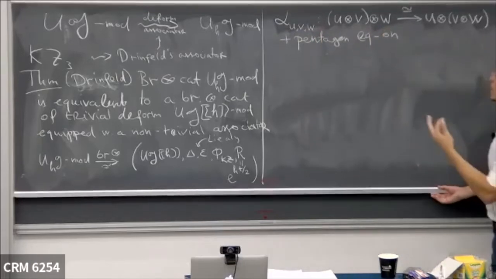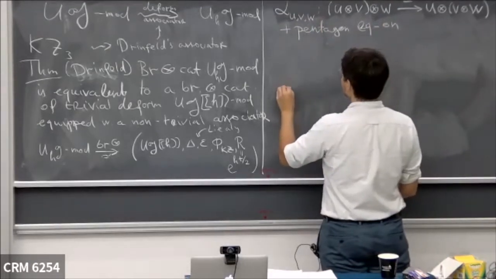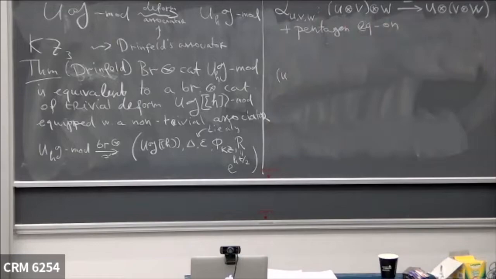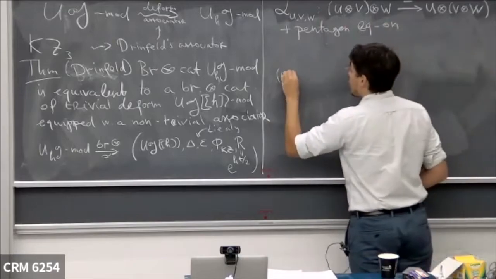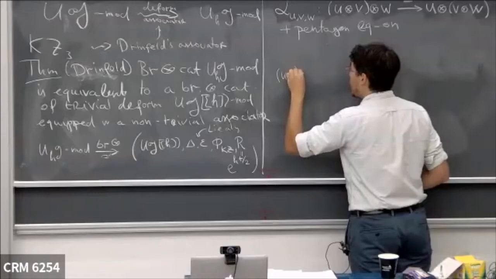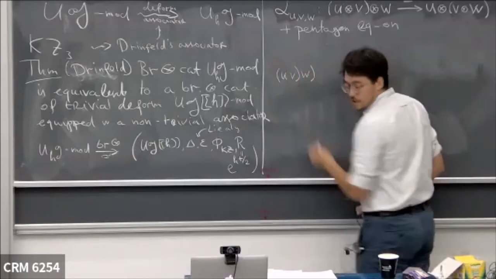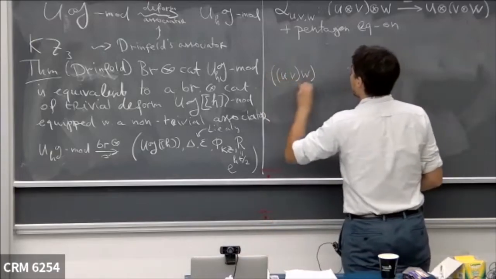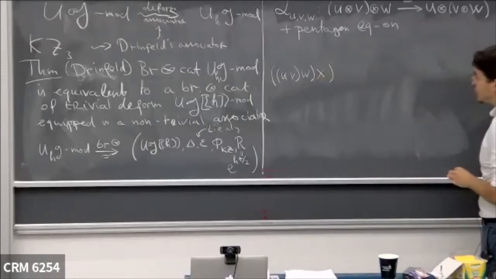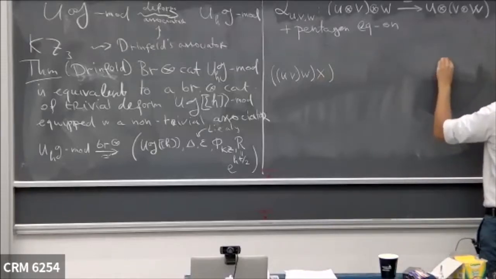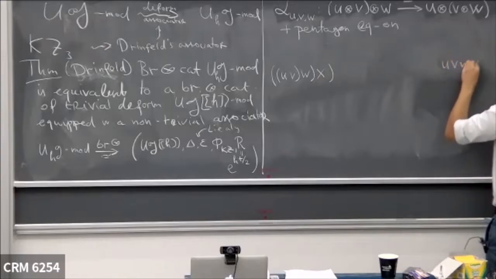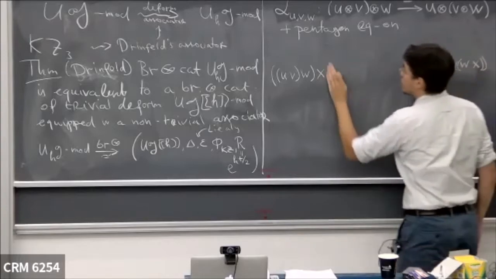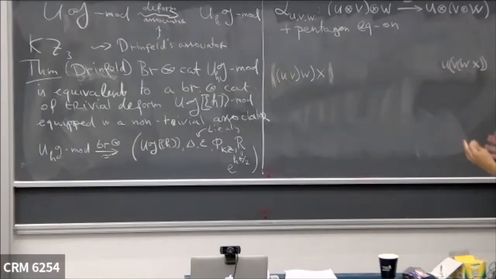Let me write this pentagon equation. For simplicity, I will omit the tensor product symbol. I start with U, V, W and then some X, and I want to end up in the bracketing this way. There are two natural ways.